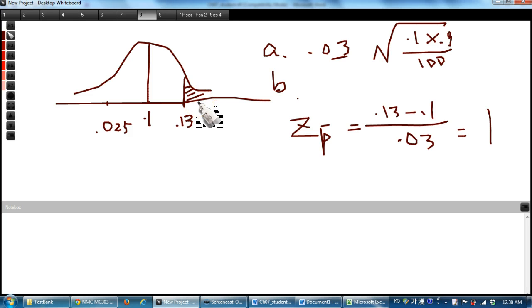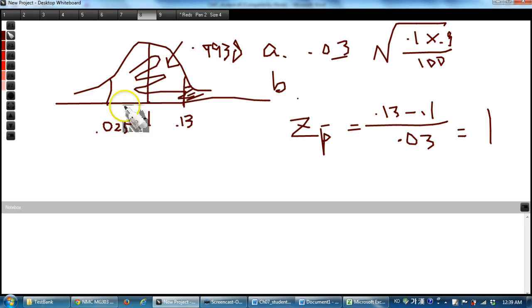Likewise, question B: what's the probability that the sample will contain more than 0.25? So all these areas, something like that, and I came up with 0.9938. And the last question, C: the probability that the sample will contain more than 13%.